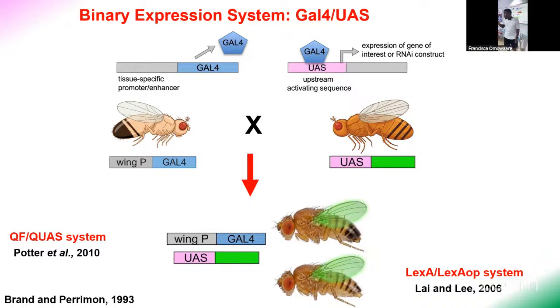But once you have what we call GAL80 temperature sensitive, GAL80ts will shut down GAL4 at low temperature, at 18 degrees, for example. Then once you move your animal to high temperature, even though you've got GAL80ts there, it won't shut down, so you still have GAL4 activation at 27 degrees, for example.